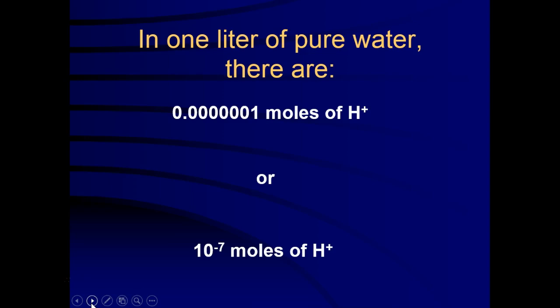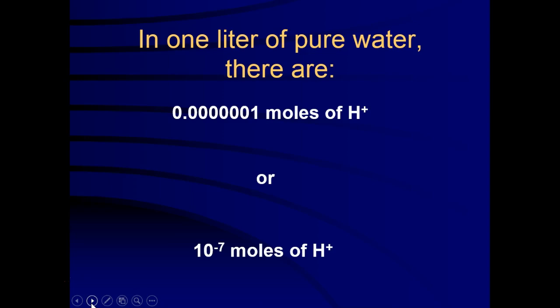Most water molecules don't dissociate, just a tiny fraction of them. So in a liter of water, we just have trace amounts that dissociate into hydrogen ions and hydroxide ions.